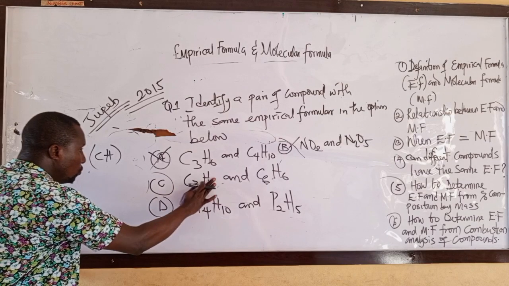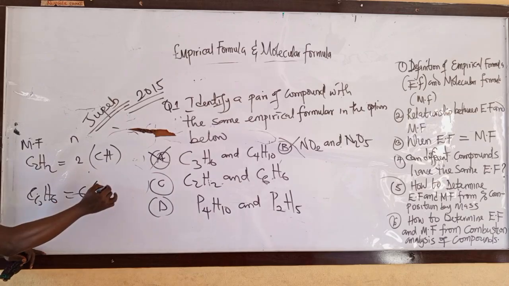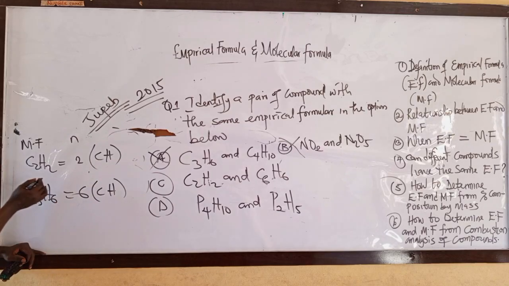This one is C2H2. That one is C6H6. Let's look at it. In this case, what do they have in common? They have 6. That means 6 divided by 6, you have C. Then H6 divided by 6, you have H there.